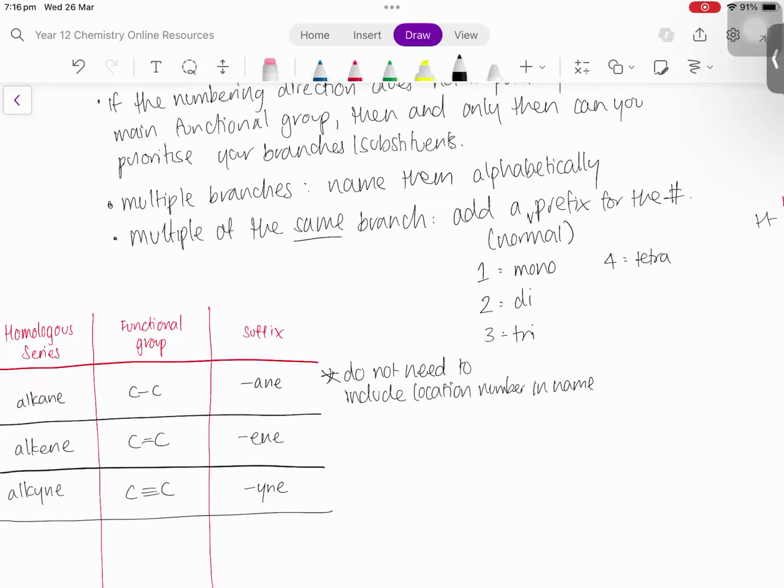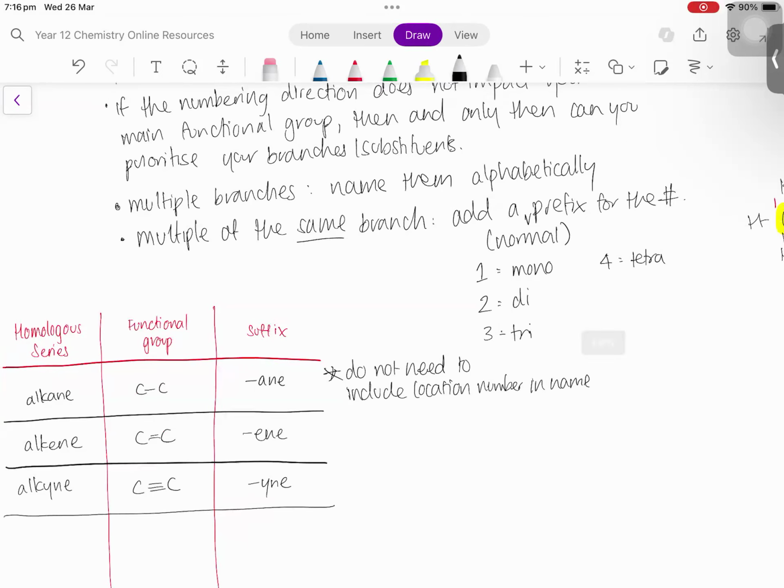Mono, di, tri, tetra. Okay, so I just want to emphasize your meth, eth, prop, but is for counting the number of carbons. If you're counting anything else, number of branches, number of halogens, number of functional groups, it's always this normal prefixing.